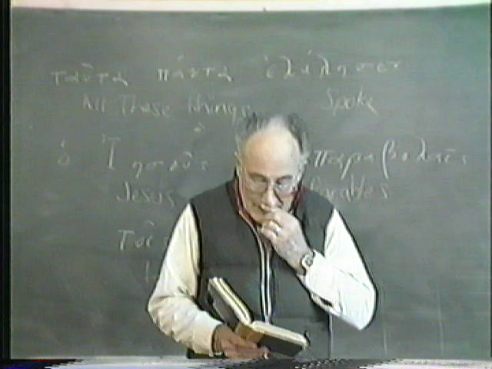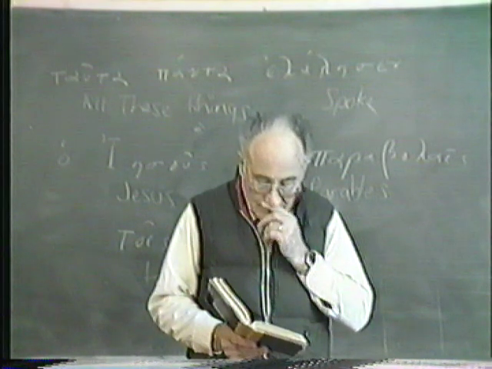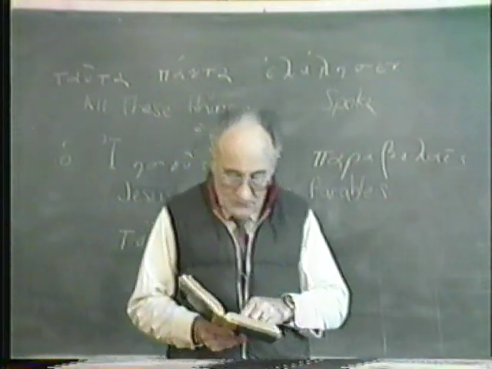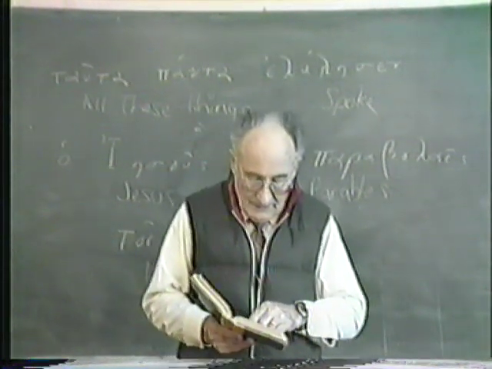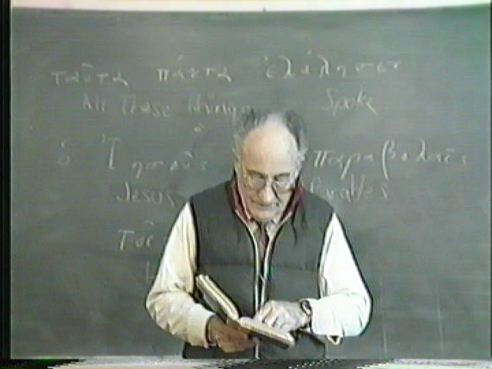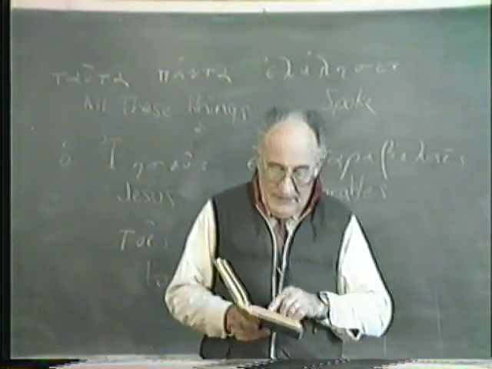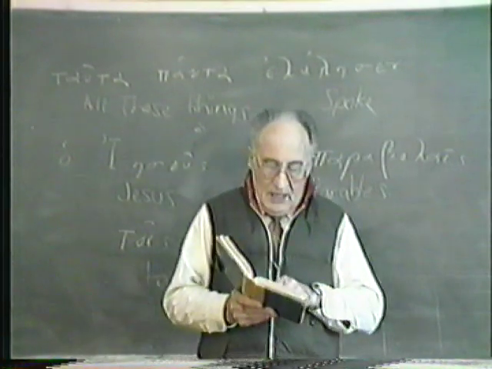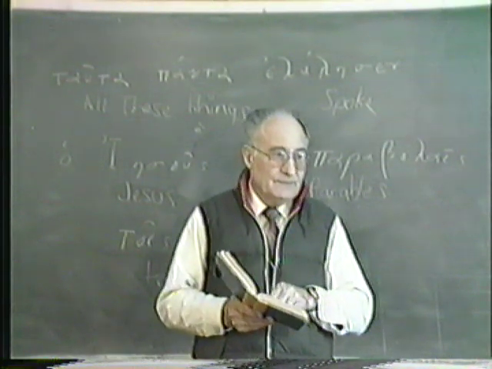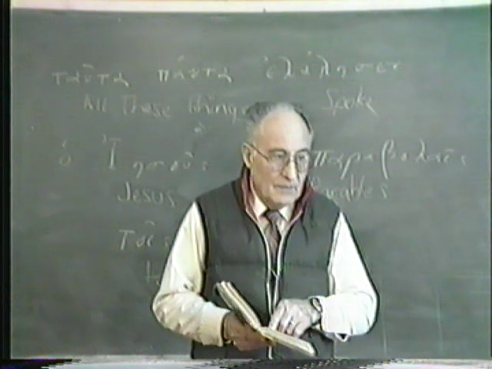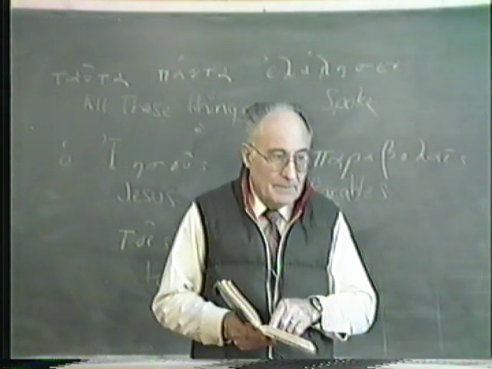Now let's see if we can find another. Let's go to number 4, just off the top of our hat. Okay? Now then, what is akousos? What part of speech is akousos? It's a participle.